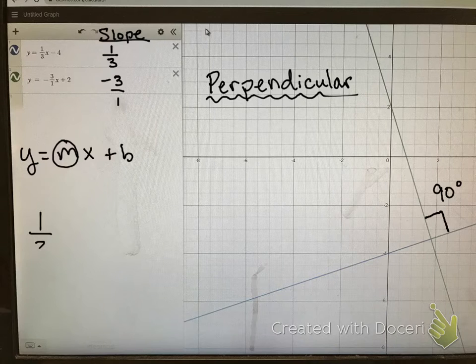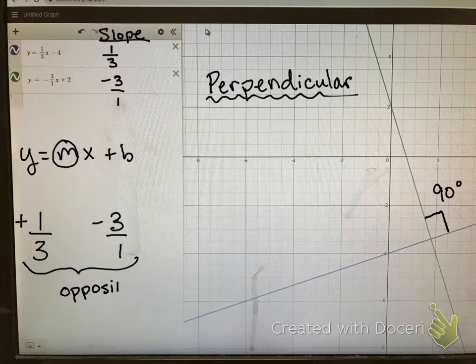If I look at those two side by side, the thing I notice is that they are exact opposites of each other. One is positive 1 over 3, and the next is negative 3 over 1. And because they are exact opposites, a special word in math is called opposite reciprocal.